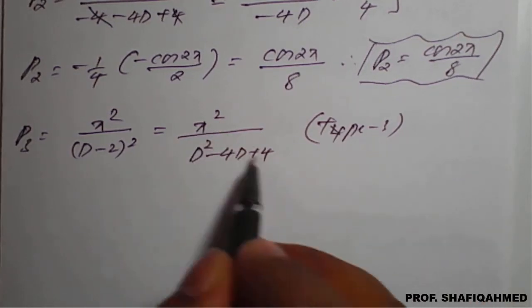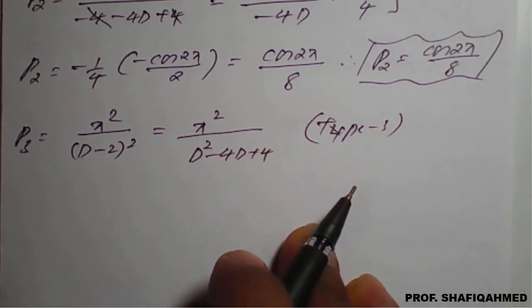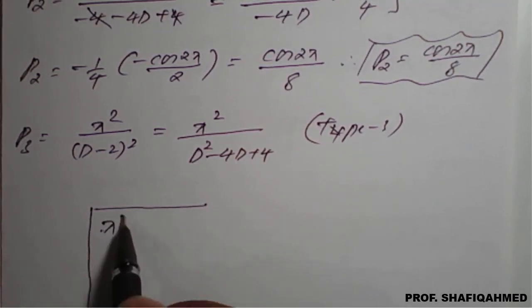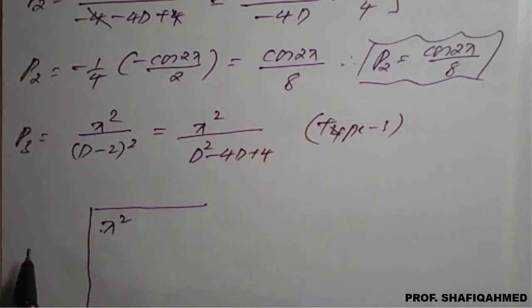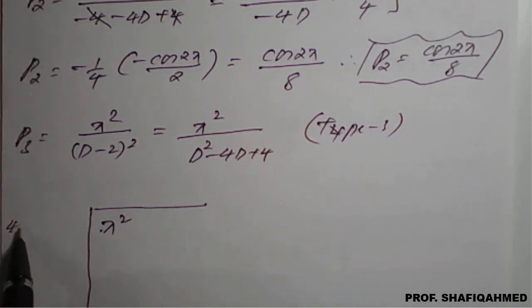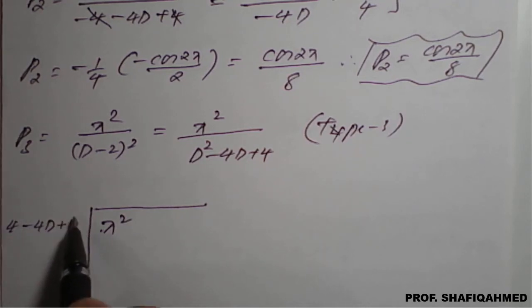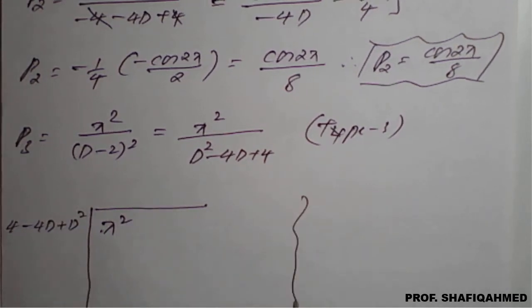So x square divided by this entire thing. There is only one term, x square, and the divisor we have to write in ascending order, that is 4 minus 4D plus D square. So we'll go for the calculation.